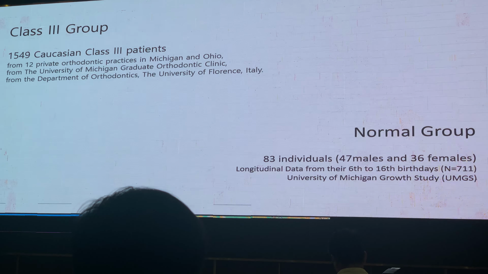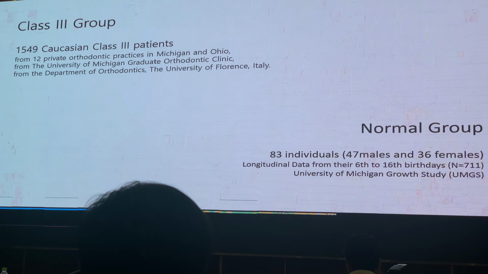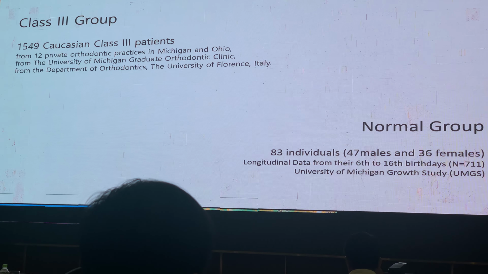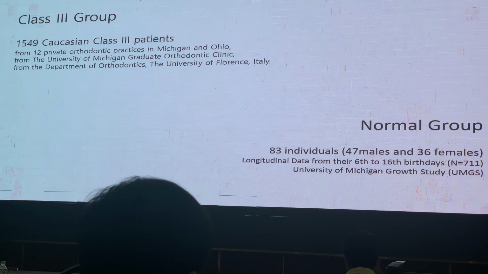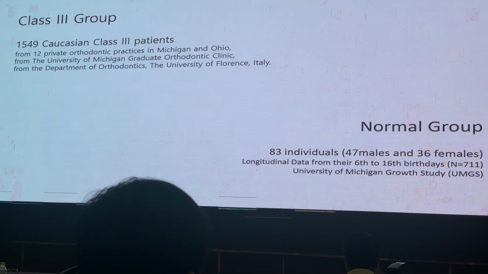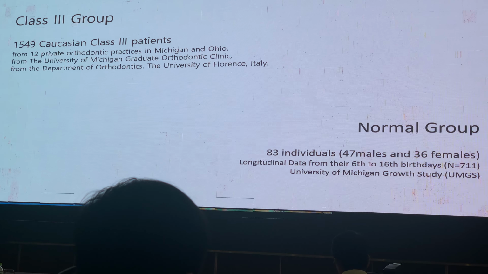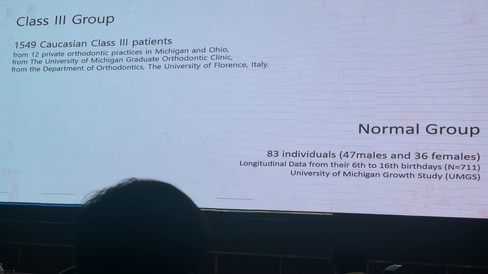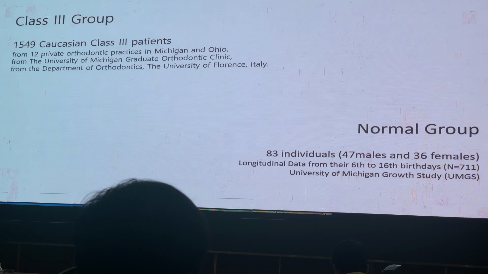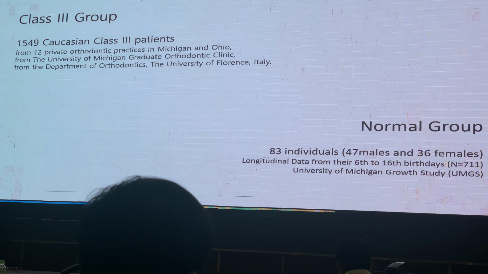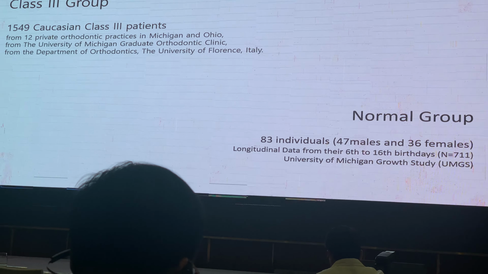It comes from a growth study, and class 3 group comes from cross-sectional samples from private clinic in Michigan and Florence. Actually, we have much more cross-sectional sample studies from Japan, but that study does not have control group. So I think this is the best study from available resources.